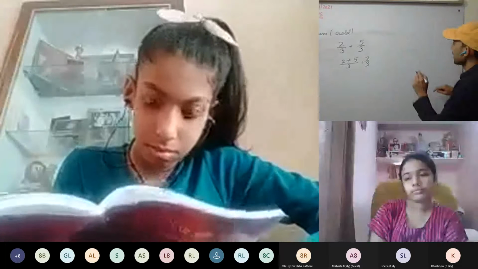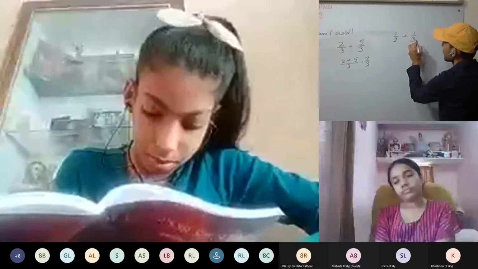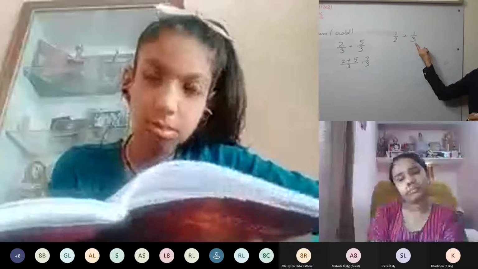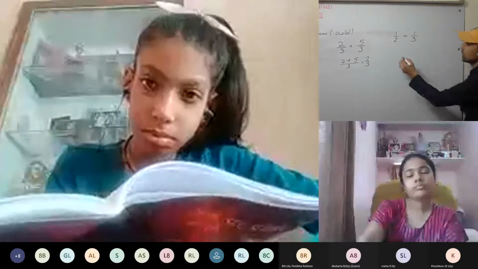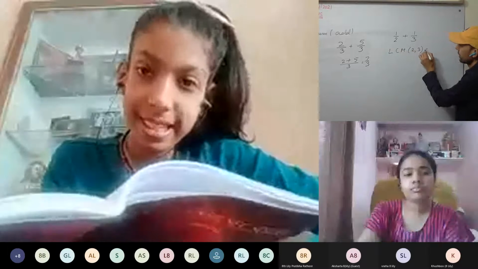Okay. Now add 1 upon 2 plus 1 upon 3. How are we going to add? First check the denominators. Are the denominators the same? No. So first we have to take the LCM of 2 and 3. What will be the LCM of 2 and 3? 6.